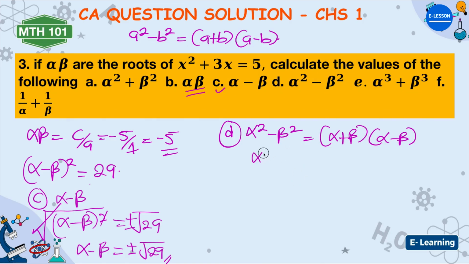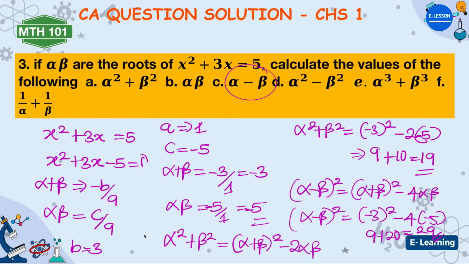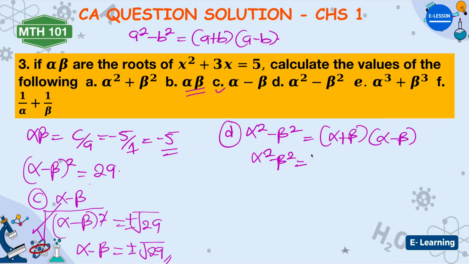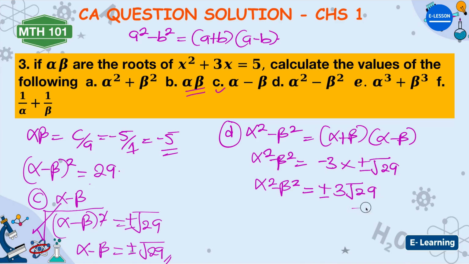Now, my dear student, what was our alpha plus beta? Minus 3. So this will give us minus 3 times alpha minus beta, which we calculated as plus or minus root 29. So our alpha square minus beta square will be plus or minus 3 root 29 as the answer.